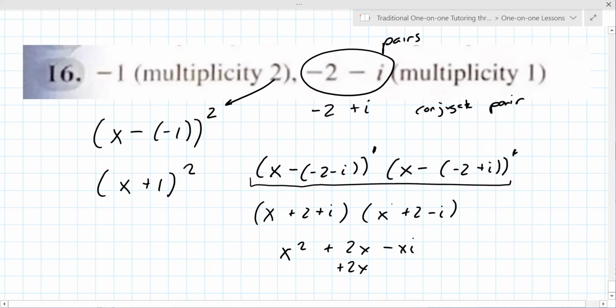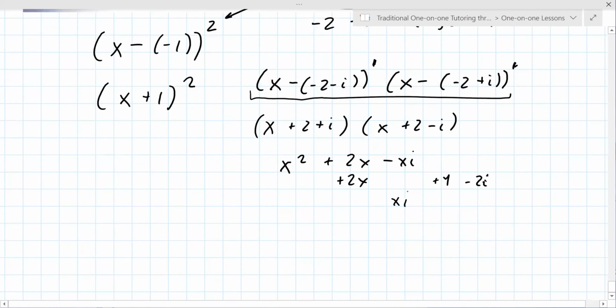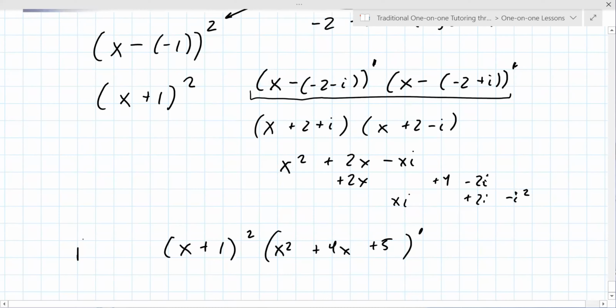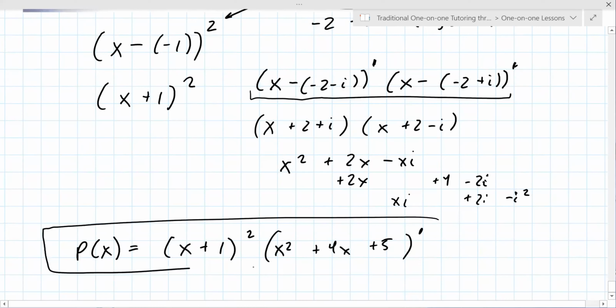Now I'm doing 2 times each of these: 2x plus 4 minus 2i, and then i times x: xi plus 2i minus i squared. So it becomes x squared plus 4x. This right here becomes +1 plus 5. So this is your final P of x down here. Got it. All right.